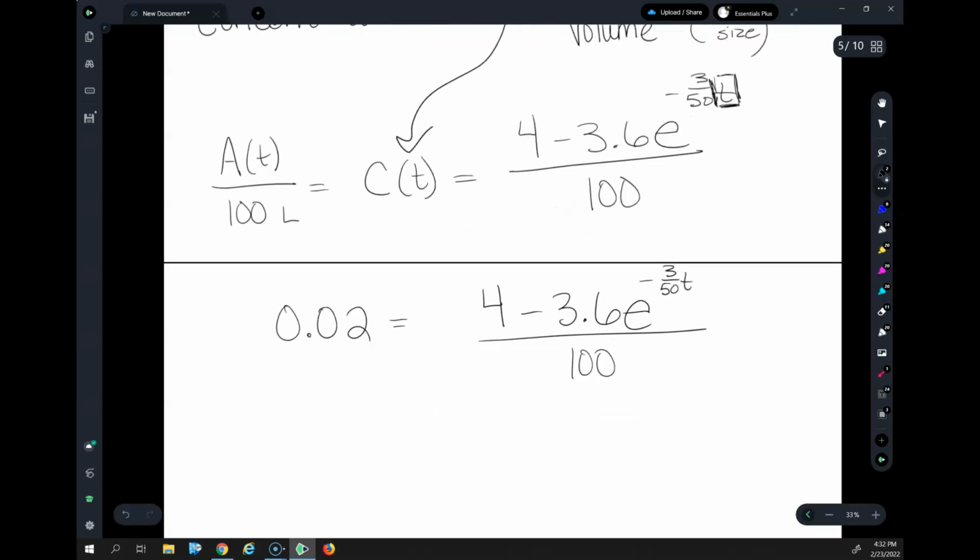So just one step at a time, I'm slowly going to do opposite operations to get this t all by itself. So I'm going to start by multiplying both sides by 100. That'll cancel off the divide by 100, and that's going to give us 2 is equal to 4 minus 3.6 e to the negative 3/50th t.